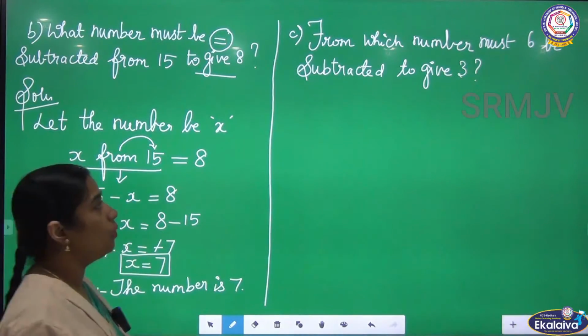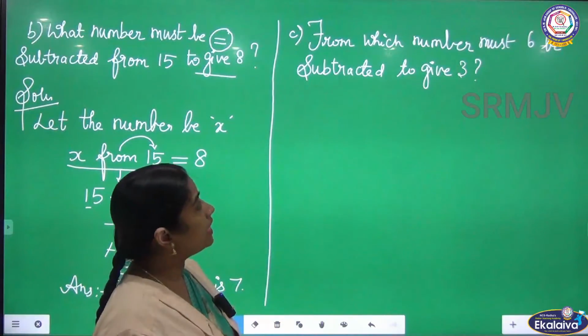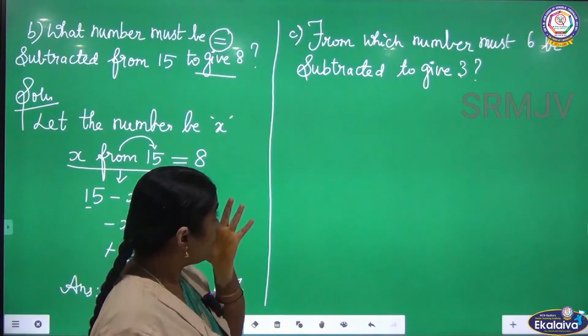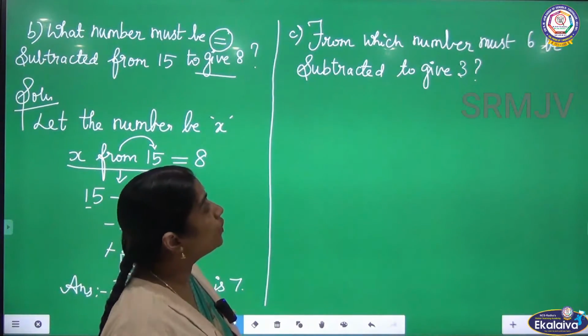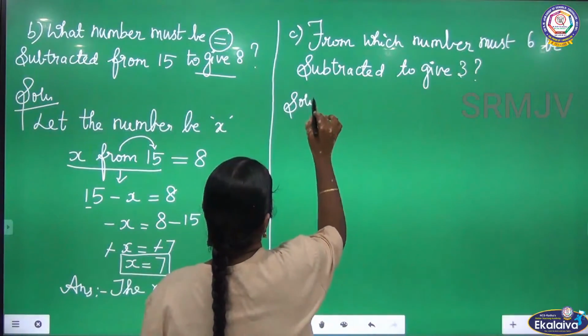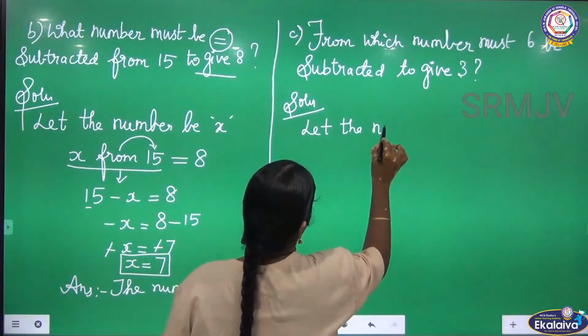Okay. Now, when I come to the C sum: from which number must 6 be subtracted to give 3? Obviously, I am going to take, let the number be x.